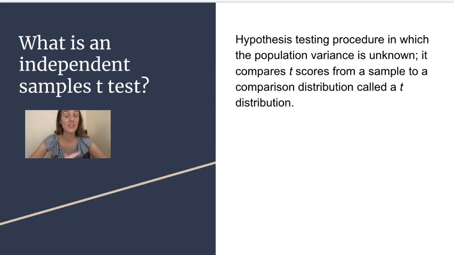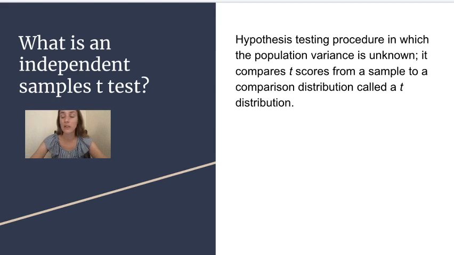But what a t-test assumes, and what the t-distribution assumes, is that we don't know the population variance, or we don't know the standard deviation of the population. And as we mentioned before with sampling, if we know everything there is to know about a population, then there's really not much use in us calculating sample statistics from that population.